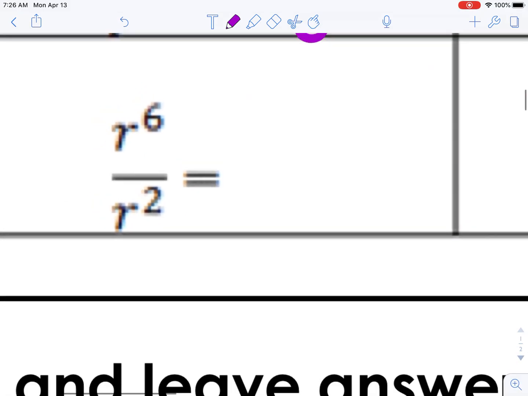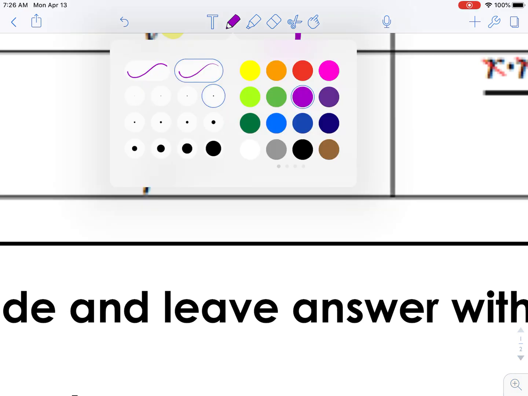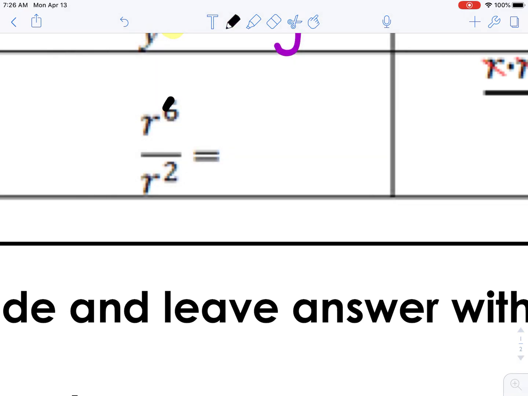Now I'm going to adjust this problem a little bit to make it different. If I have r to the 6 over, let's say, r to the 12, we are going to do bigger minus smaller. 12 minus 6 is 6, but it's going to stay where the bigger exponent is, so we'd have r to the 6 on the bottom.